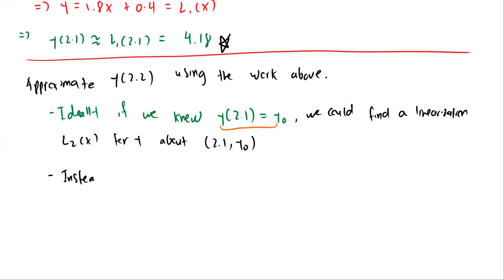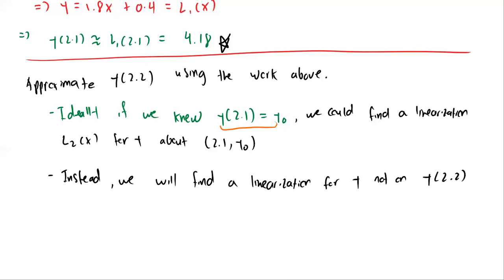Instead, we will find a linearization not on y of 2.1, because we don't know what that is, but on the approximation L of 2.1, which we found is 4.18.